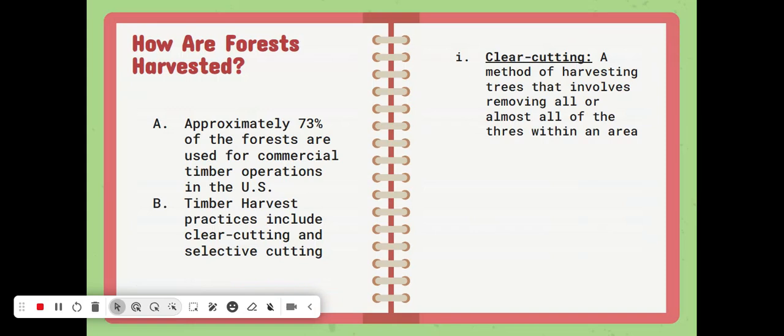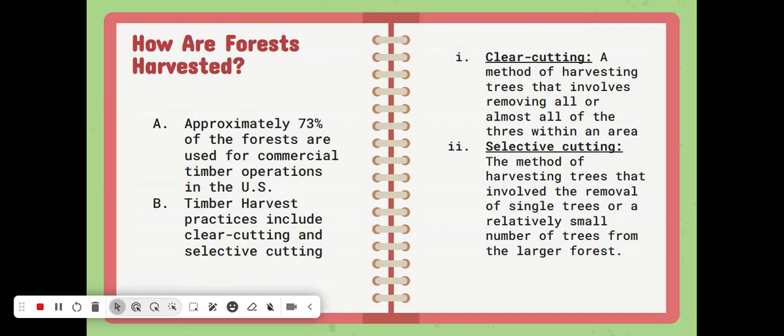A company that's going to harvest trees or wood is going to go in and remove pretty much almost all of the trees within a given area, while selective cutting harvests trees through the removal of single trees. Usually that's a relatively small number of trees compared to clear cutting. Usually they choose maybe a certain aged tree, maybe a certain height of tree, rather than completely wiping out the area of all trees.